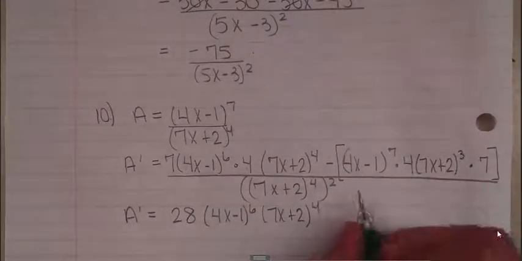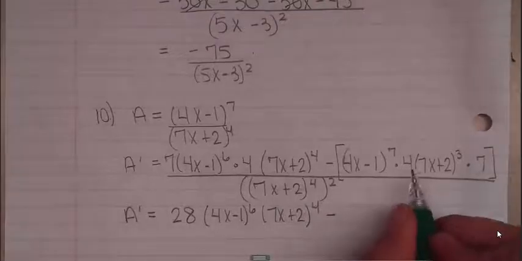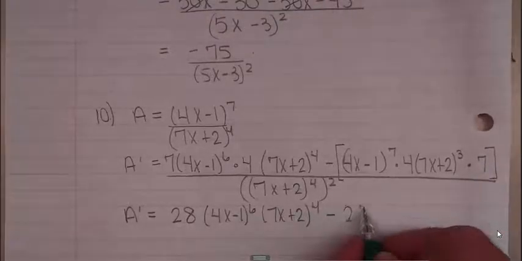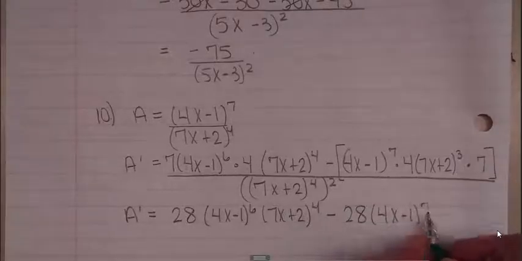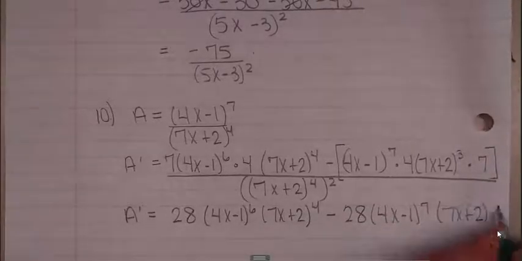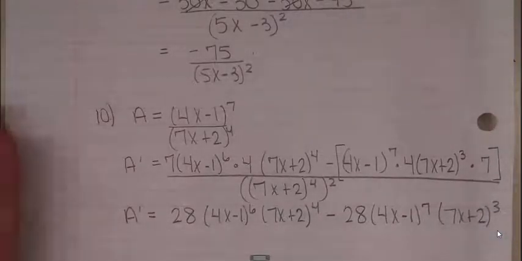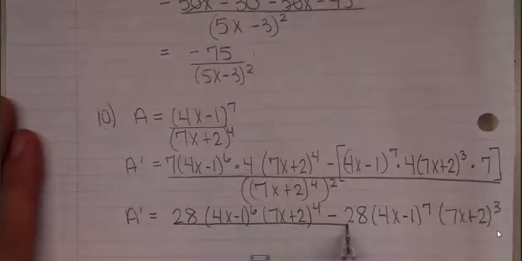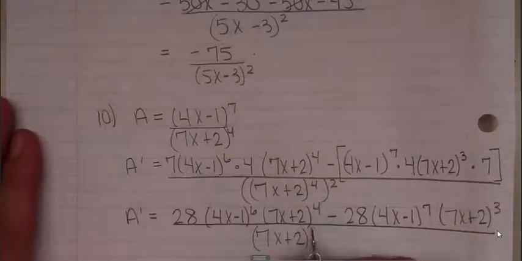Now over here it looks like I've got minus another 28, and maybe a 4x minus 1 to the 7th, and a 7x plus 2 to the 3rd. And all of that is over 7x plus 2 to the 8th power.